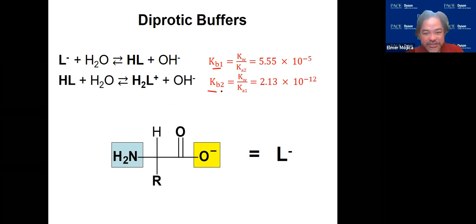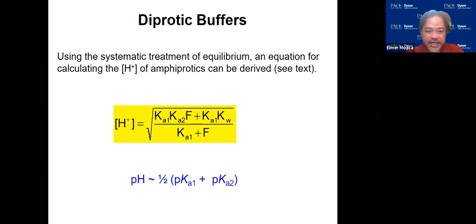And we get the Kb2 by dividing Kw by Ka1. So how are we going to do this? We could use the systematic treatment of equilibrium, an equation that we discussed last week and some of them today.